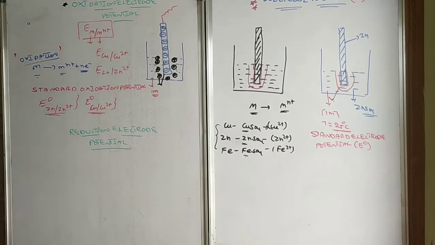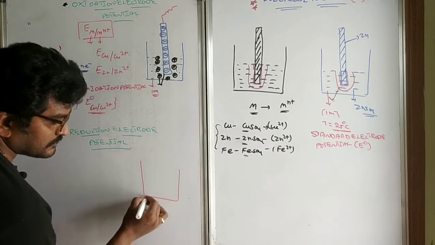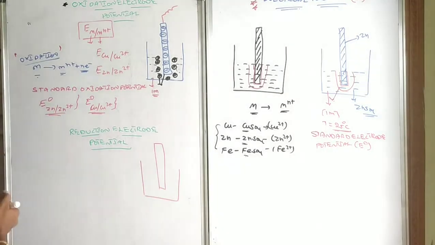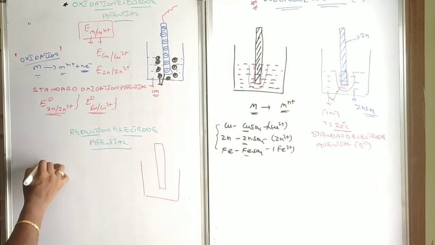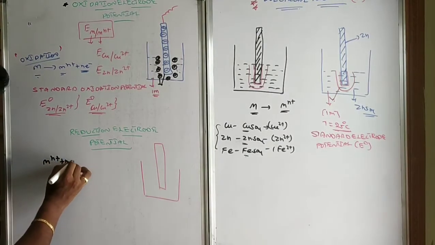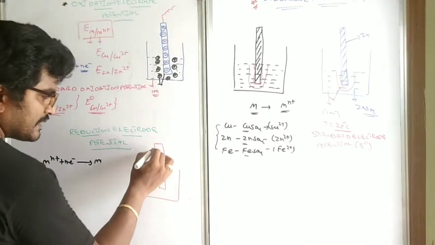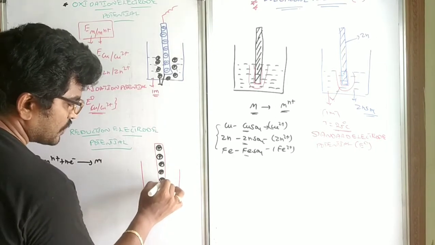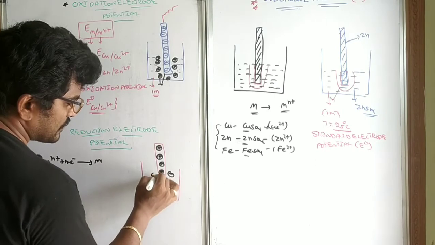Let us see reduction electrode potential. When you take an electrolytic solution and dip an electrode in the ionic solution, it undergoes reduction, meaning Mn+ plus n electrons gives M. In this case, the cations will occupy the electrode and the anions will surround the electrode.